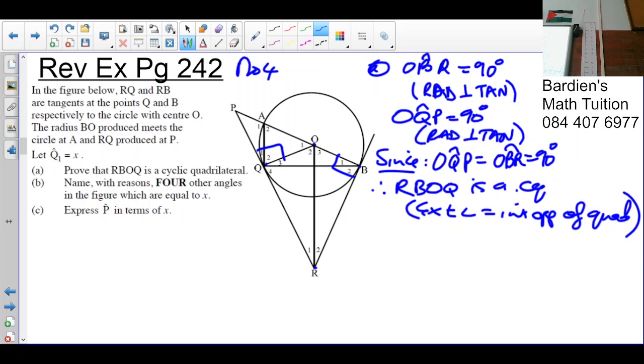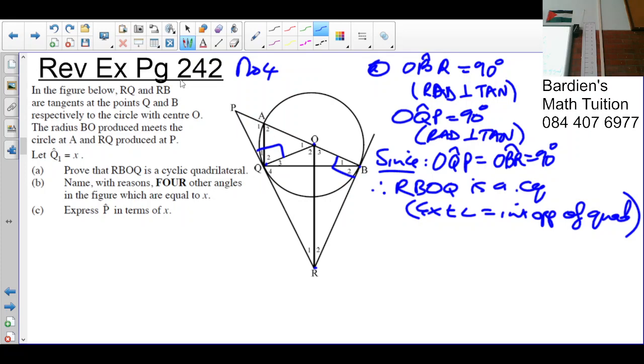Okay? People, something like this is worth 4 marks. So don't take this light-heartedly, that if you don't understand, just leave it. Some are worth a lot of marks. Very important. Let's get everything we can get.